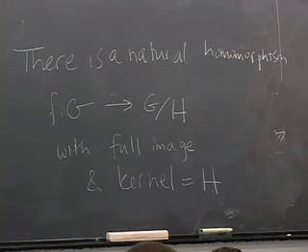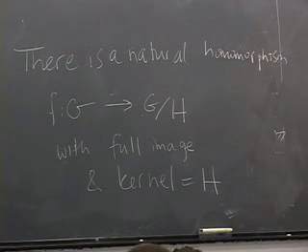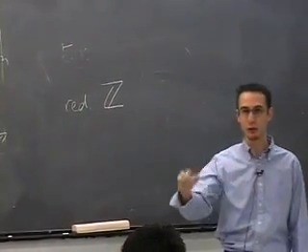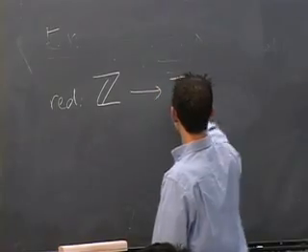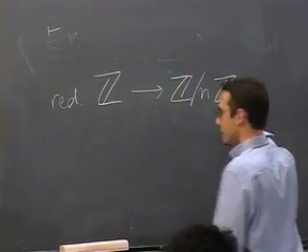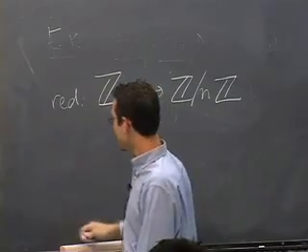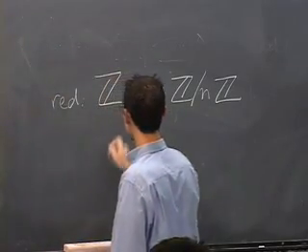And we saw that there's a natural map, which I called red, short for reduction, from Z to Z mod nZ.